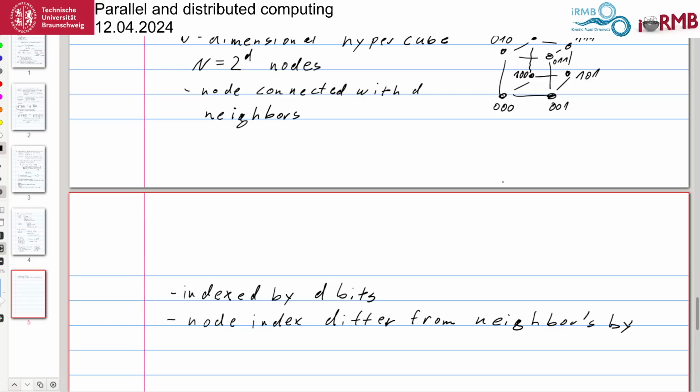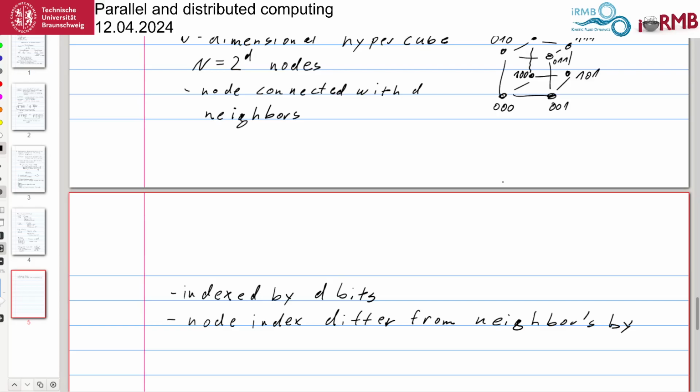So they differ. For example, if you look at 0, 0, 1, it's connected to 0, 0, 0. One bit, the last bit, is different. To 0, 1, 1, one bit is different. To 1, 0, 1, one bit is different, right? Here we can draw it on paper and imagine it, but the same happens for hypercubes in higher dimensions, where it's difficult to imagine them.